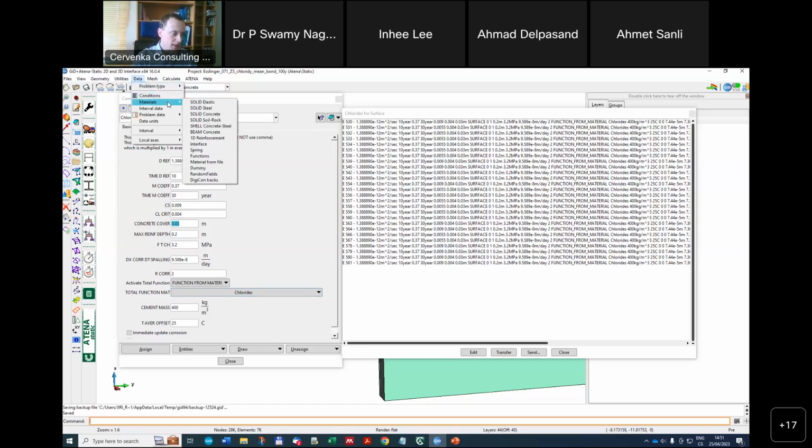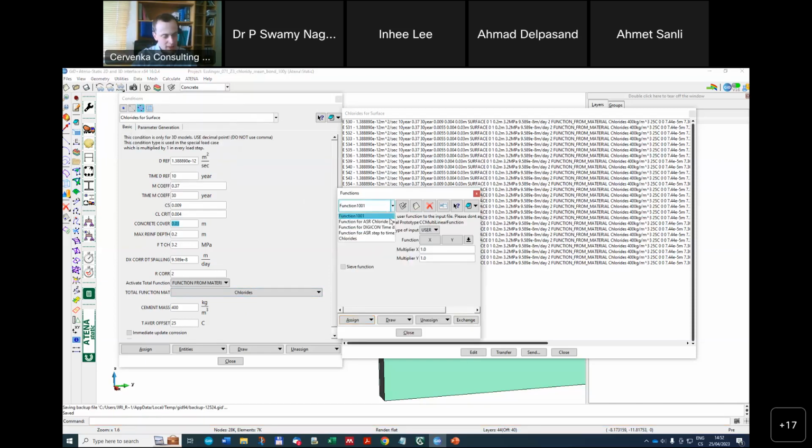It can be found in this data materials functions, and if I open it here, this is the function called chlorides, and here is the relationship. So actually, in this particular case, at step 75, the duration of the chloride is 0. That's the starting point, and at step 95, I have this time in seconds for 100 years, I think.